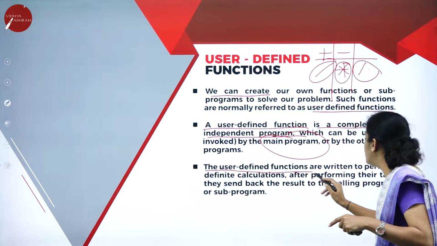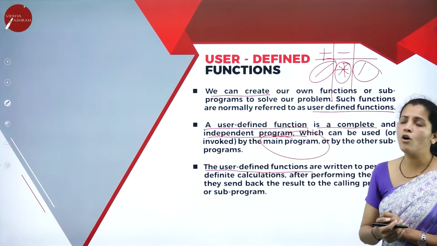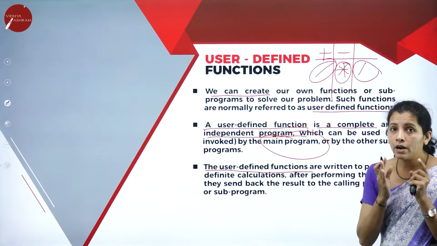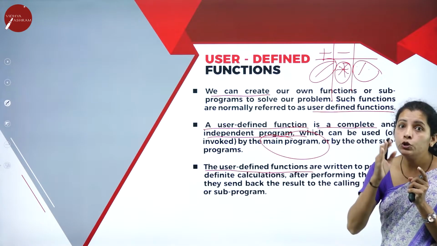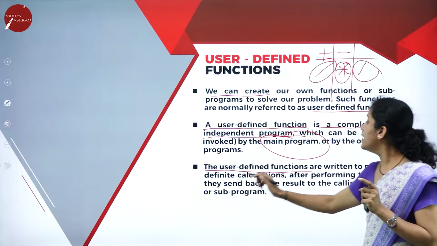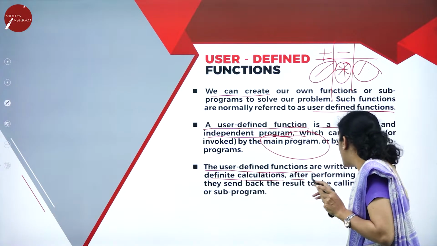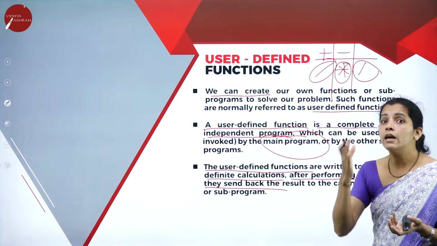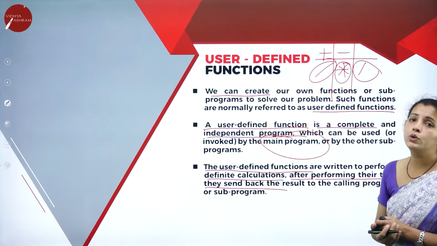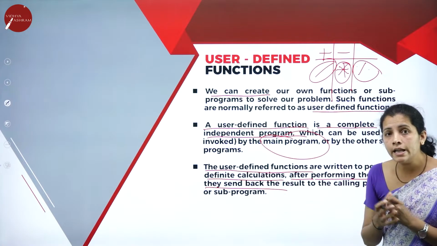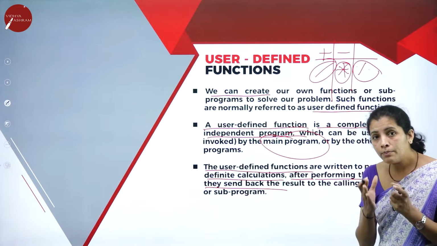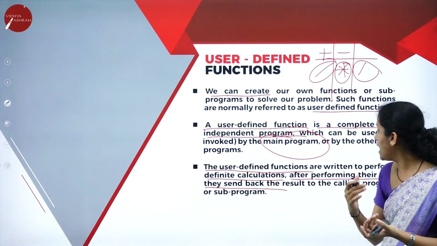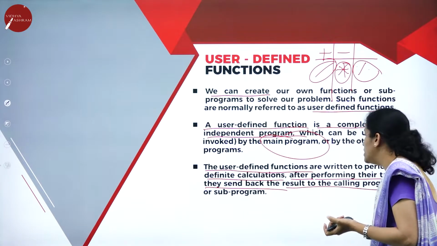User-defined functions are written to perform definite calculations. After performing their task, they send back the result. After performing the calculation, the function must return the value back to the calling program.